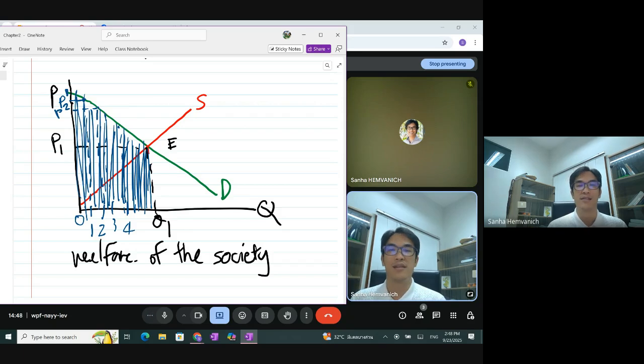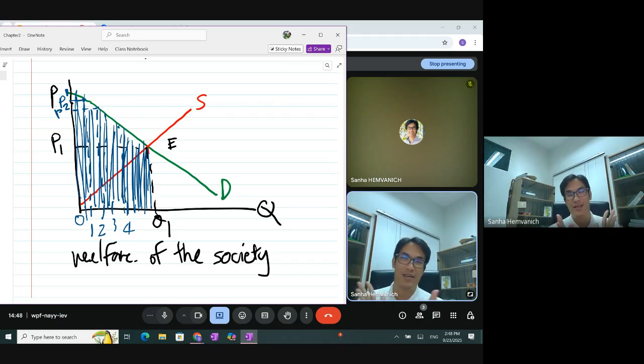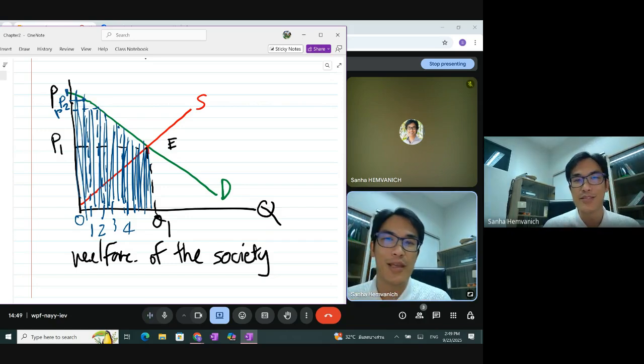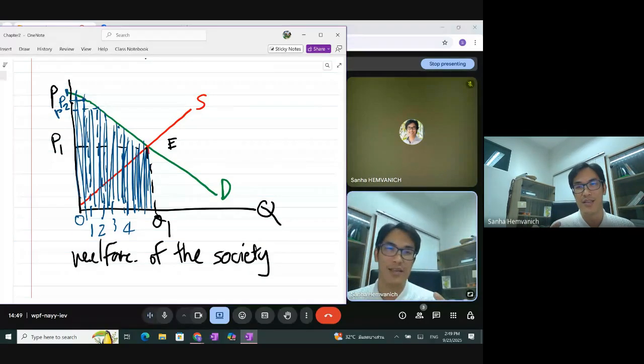Okay, right? Because you're willing to pay for each unit of the good. So that means you're happy, and this area represents the happiness of people. But how much do you pay? If the market produces at Q1, the price is P subscript 1.